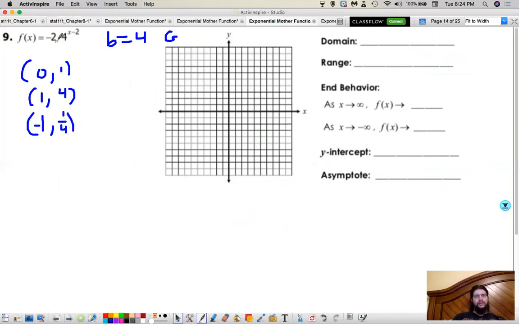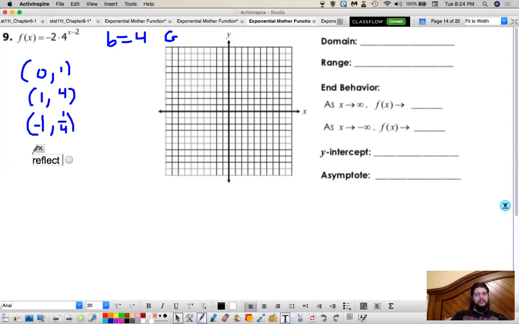All right, so what am I going to do with this thing? So start with reflections. Reflect over x-axis. Then I'm going to stretch it by 2 vertical. And I'm going to go right 2 units.